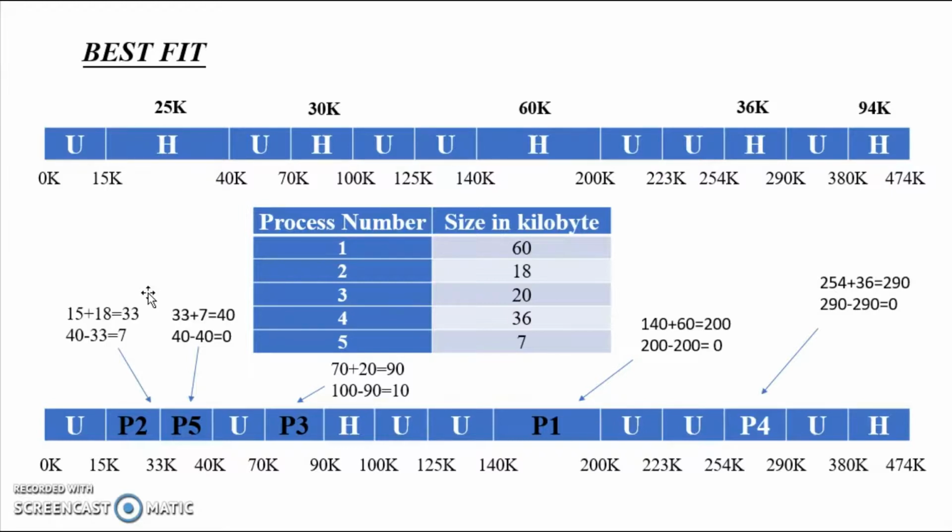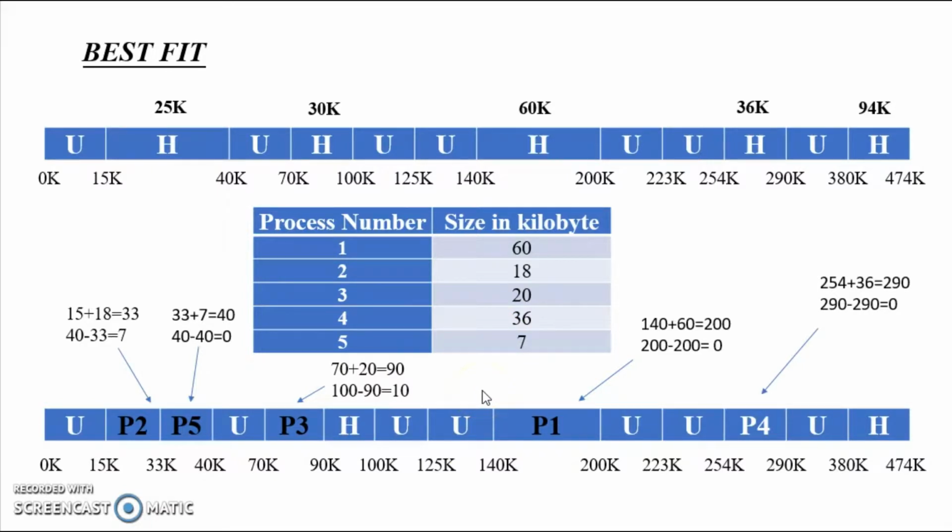So we search for the third one, this time is 60 kilobyte, which can fit for the process number 1, but we go on to search for the next and the final one. The fourth one is 36 kilobyte, cannot fit, and the last one is 94 kilobyte, which is too much, and we wanted to find the smallest one. So the third one is the most suitable, so we place it at the third hole.